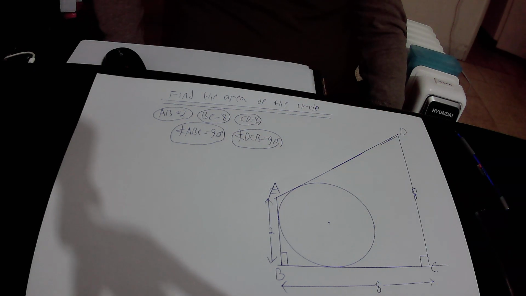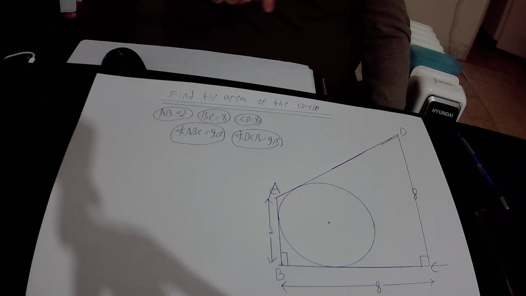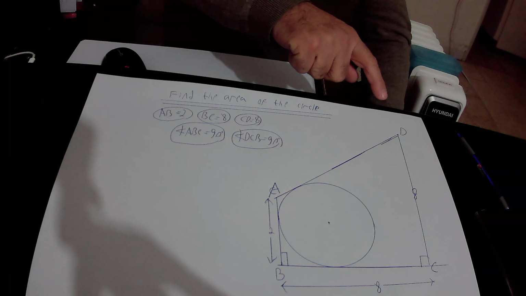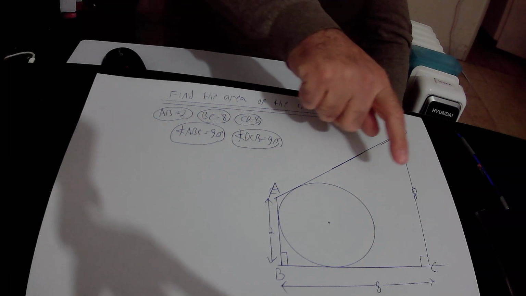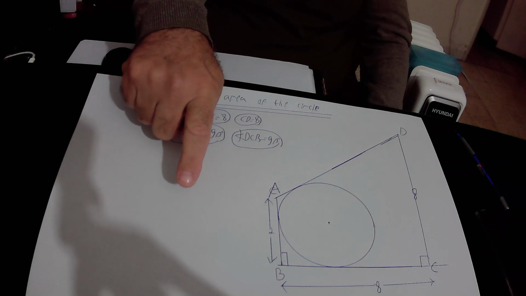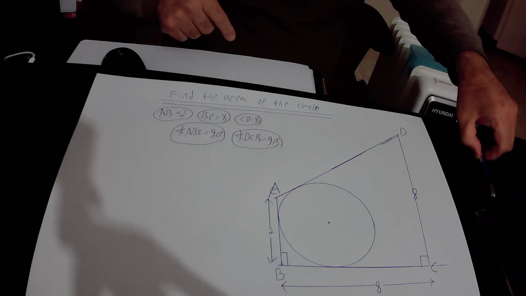So first of all we will do a construction. That's to say, we will extend side DA and side CB until they touch each other.